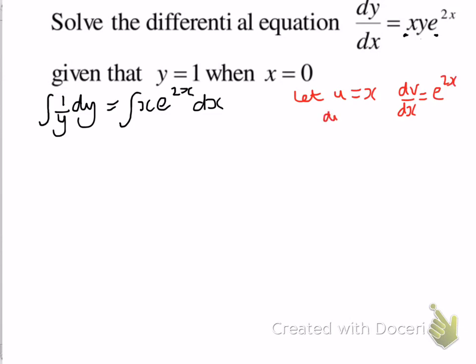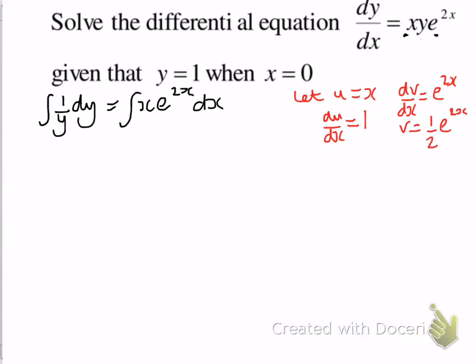Therefore du by dx is 1 and v is a half e to the 2x.